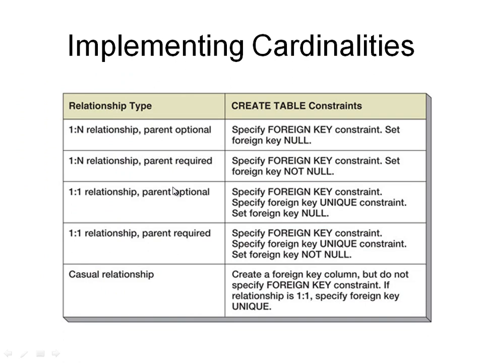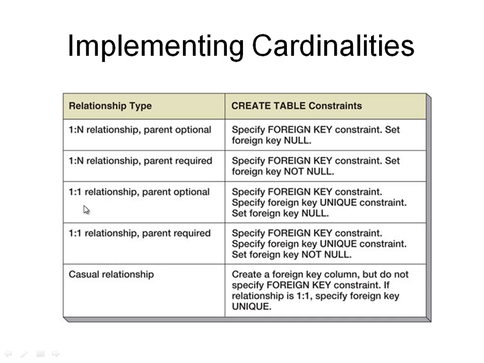The type of relationship that you might create: one-to-many with relation to parent optional, or one-to-many with relation to parent required. In this case, you specify the foreign key constraint, set the foreign key as null, while if it's required, it's not null, it has to be filled with information.